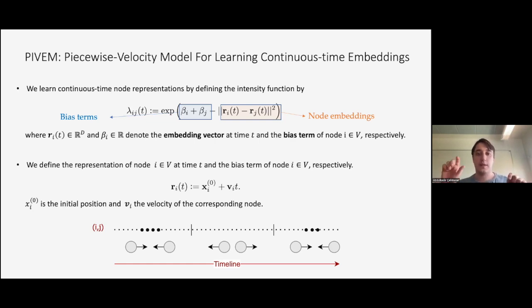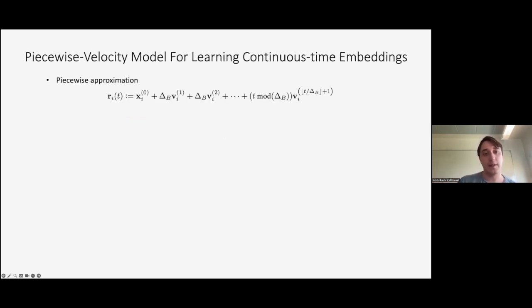Later they interact again, so they have to come close again. But with such a linear model, nodes can only go in one direction because they have only one velocity vector.